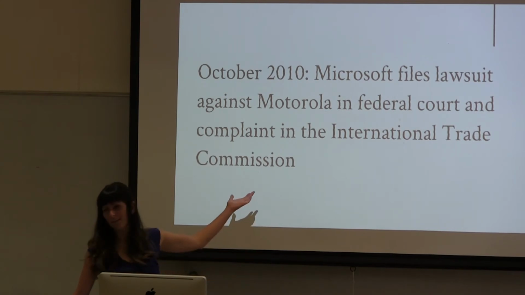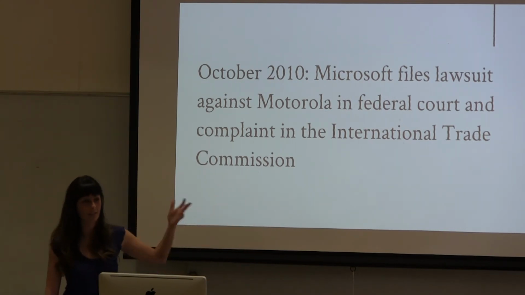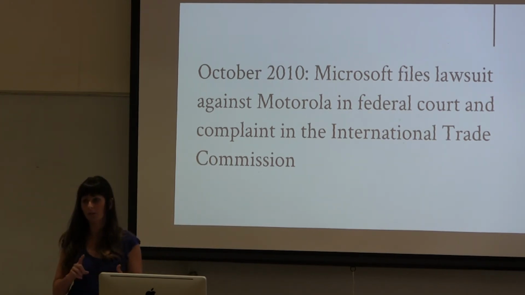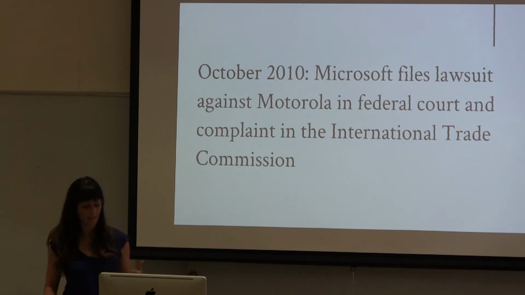And then this case starts to get huge, because then they go after Motorola, in both the federal court and the ITC. And this is something that we're starting to see a lot of now, both forms of litigation.